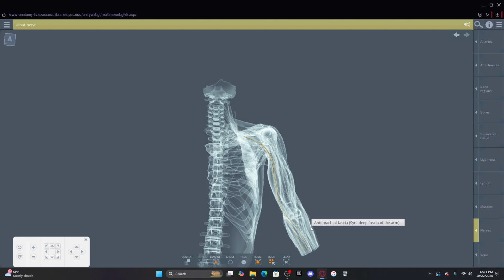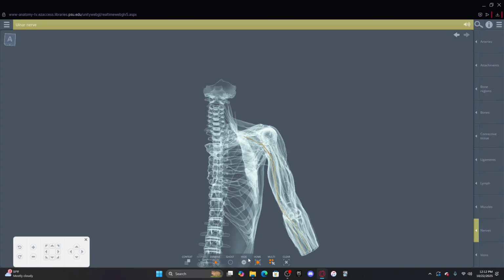Most of the muscles in your hand are innervated by your ulnar nerve, and some of your anterior forearm muscles are innervated by the ulnar nerve. So ulnar: some anterior forearm and most hand muscles.